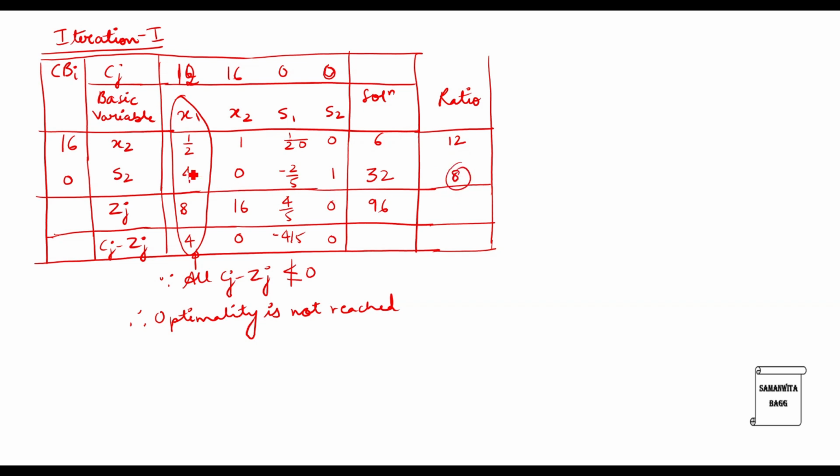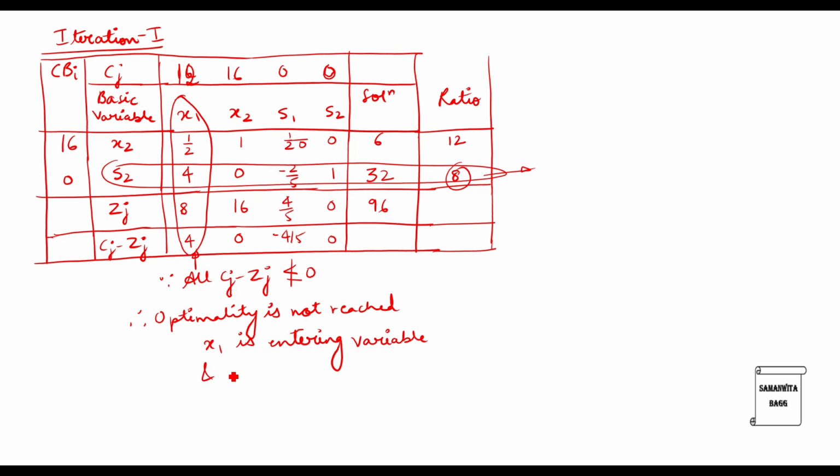This is the smaller value. So S2 is now going to leave the solution. So I'll write down x1 is the entering variable, and S2 is the leaving variable.